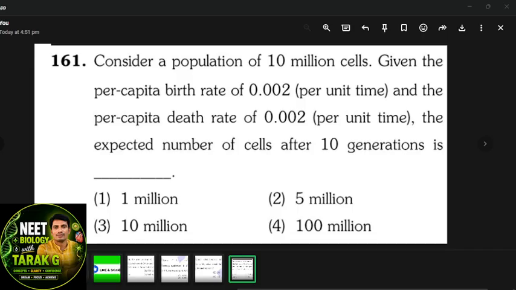And the per capita death rate, here is the mortality, here is the natality. 0.002 means the birth rate and death rate are equal.